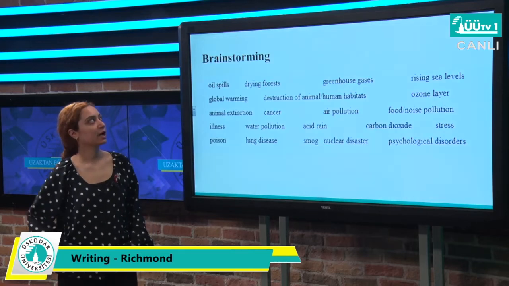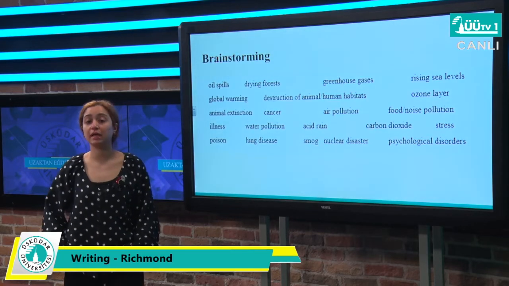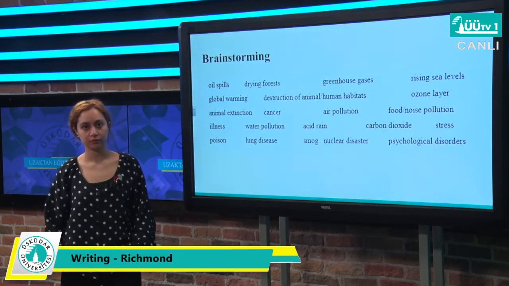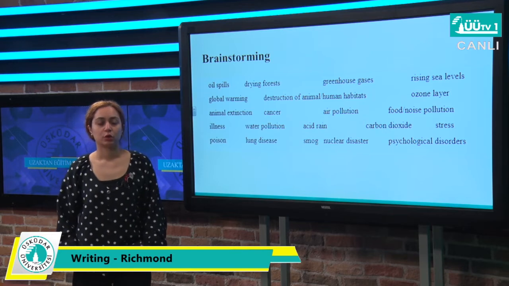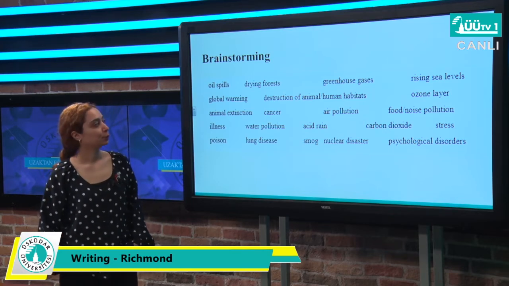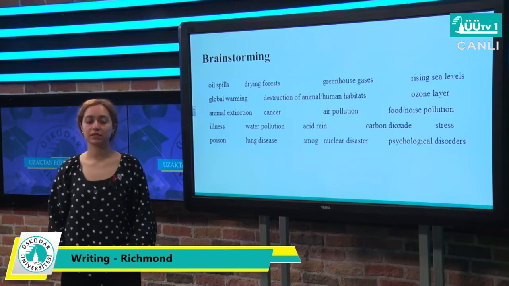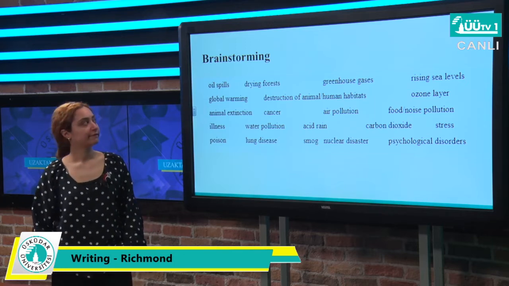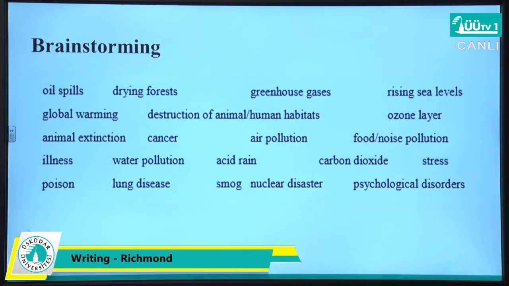The first step is doing the brainstorming. So basically brainstorming is writing what comes to your mind when you think about the word pollution or the effects of pollution. This is a sample brainstorming.